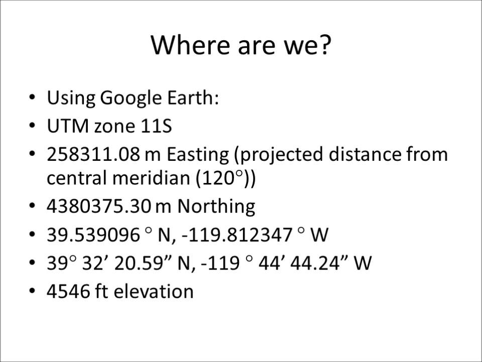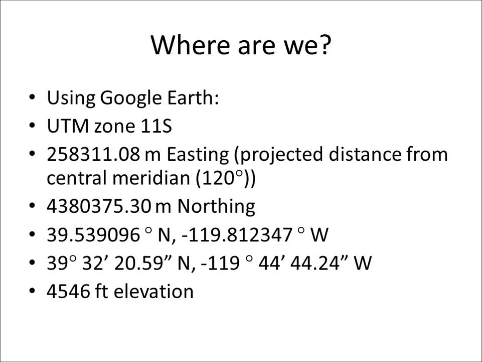Using the latitude and longitude system, our X lies at 39.539096 degrees north and negative 119.812347 degrees west. That's in decimal degrees. We can also express that in degrees, minutes, and seconds. When we use ArcGIS Online, we prefer to express our degrees in decimal degrees, whether we're talking about the location of a stream gauge or a rain gauge.